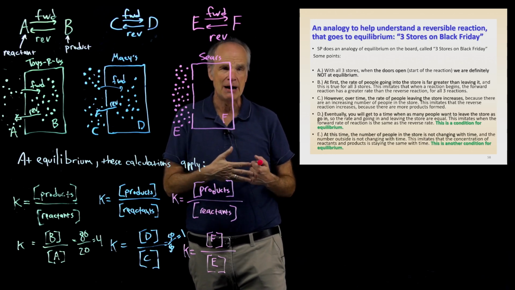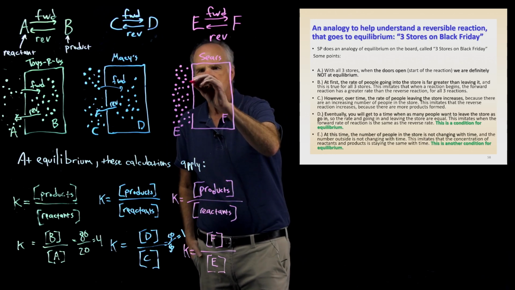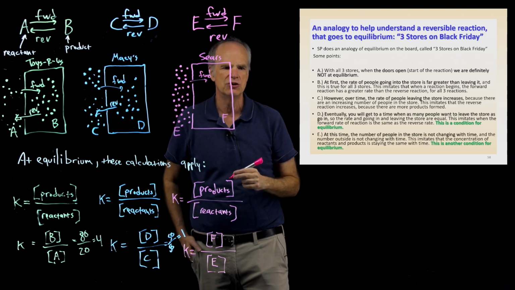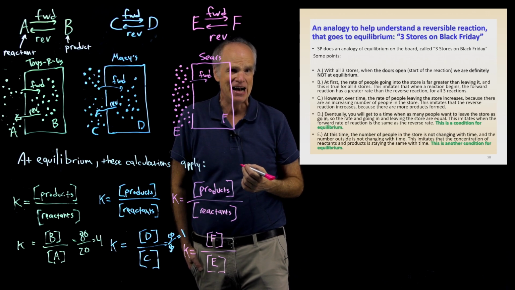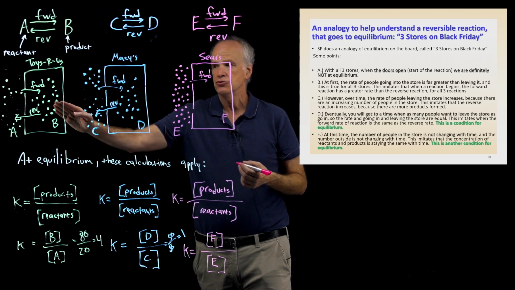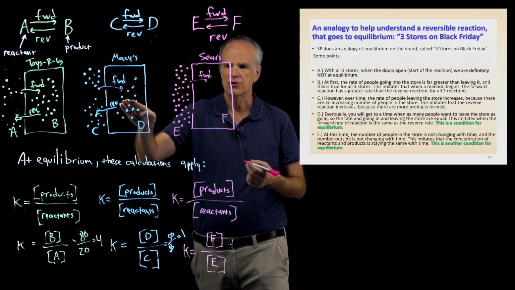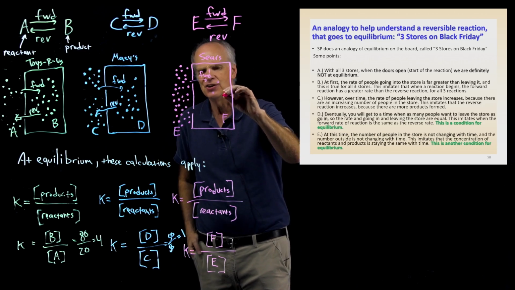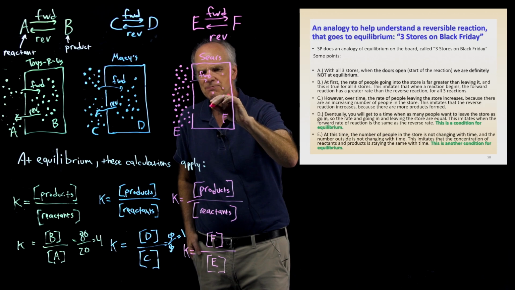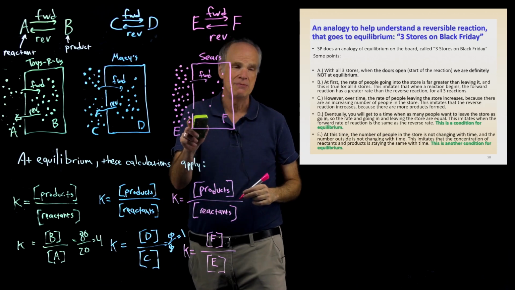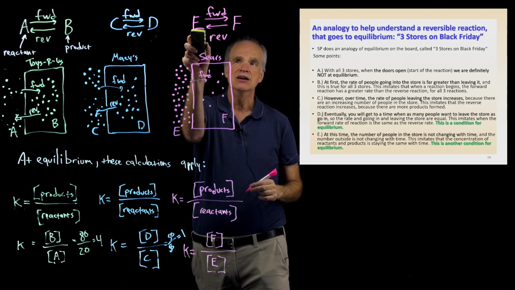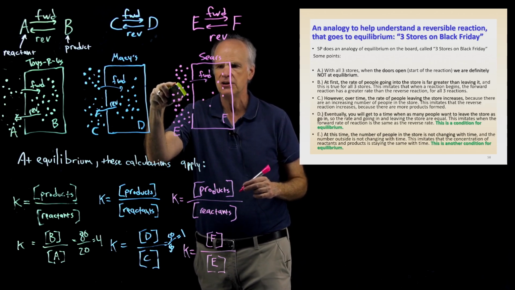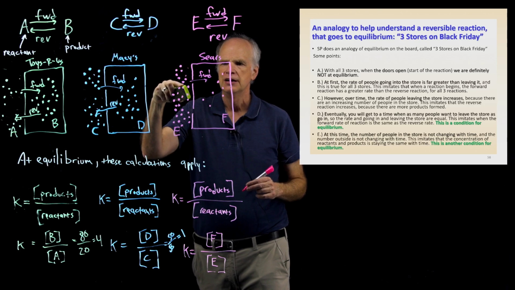What might happen in this particular reaction is, yes, as soon as you open the doors, you do have a forward reaction of E going to F, but it's not very fast. It may start off not at 20 per hour or 10 per hour, maybe it starts out at 5 per hour. So very slowly the number of people in the store builds up, which means that very slowly E is being converted to F. A little bit of E disappears and goes into the store and becomes F.